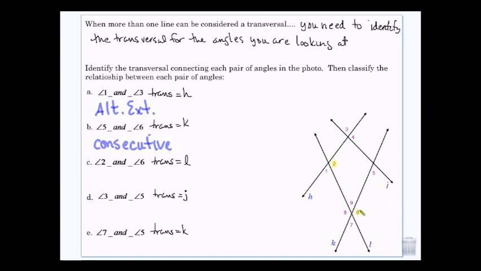2 and 6. Here's my 2 lines. They're in the same position. If I were to draw the boxes around, 2 and 6 are in the same position, corresponding. 3 and 5, we're outside, so we're alternate exterior again.